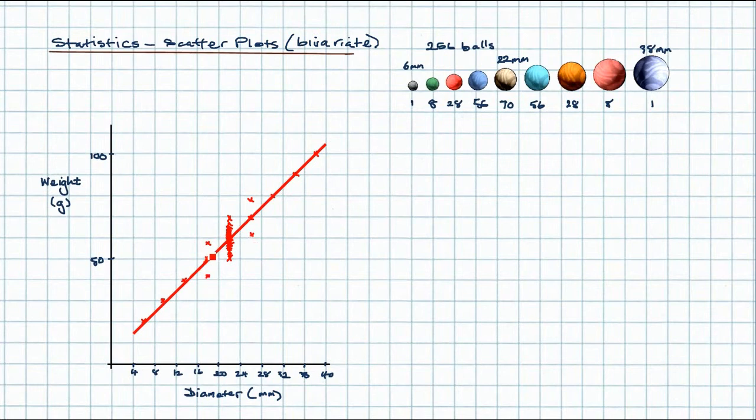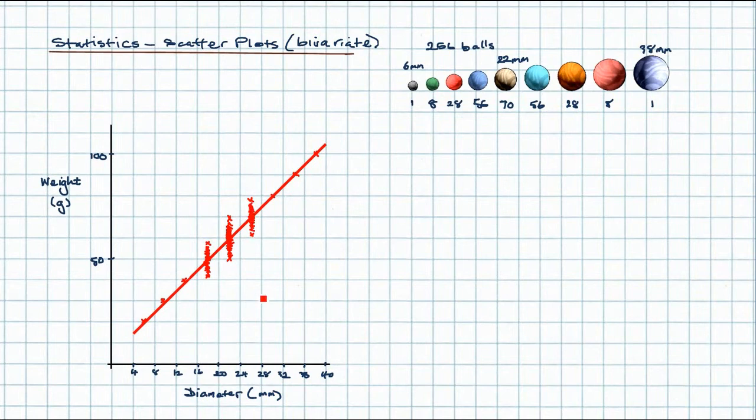Mostly the 56 is going to concentrate around the center here, with some scattering to those extremes like that. So 56, 26mm balls, again mostly plotted in the center like that.